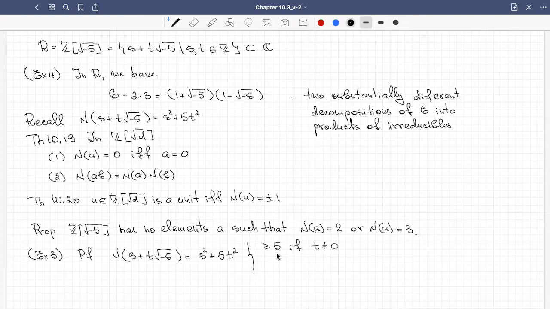If t is 0, then this is s squared. S squared may be 1, maybe 4, or maybe bigger or equal than 9. 2 and 3 are missing.